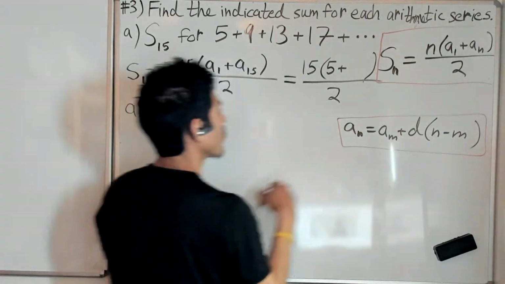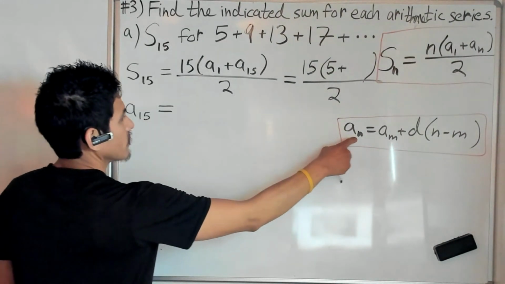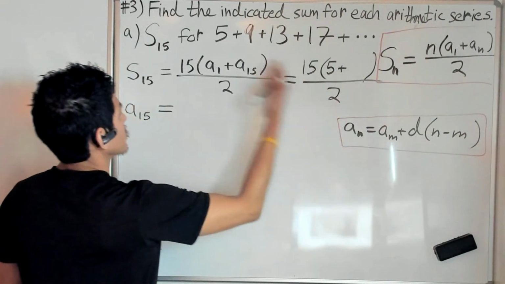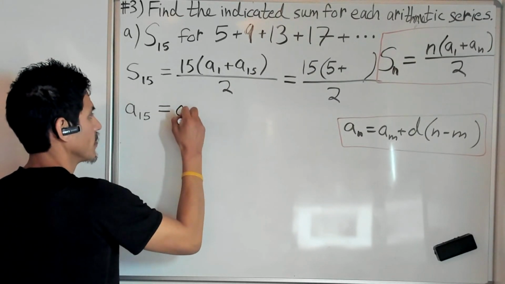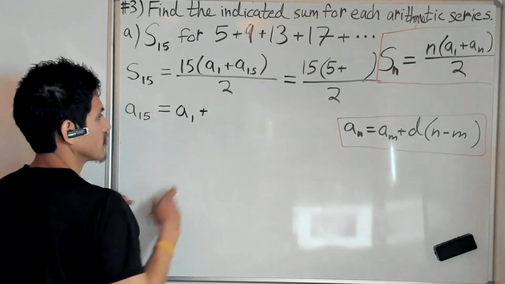So in A15, am could be anything. Let's just make it A1. We'll say A15 equals A1 plus d times (15 minus 1).